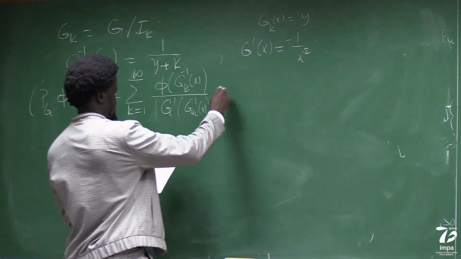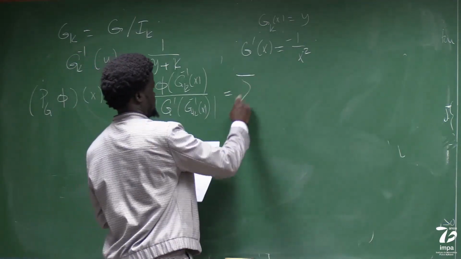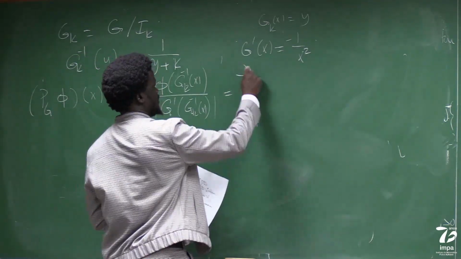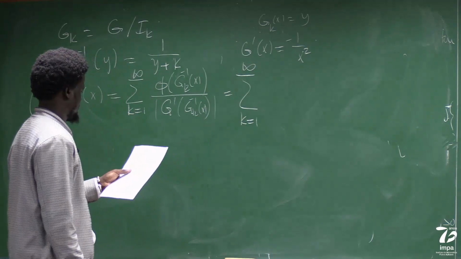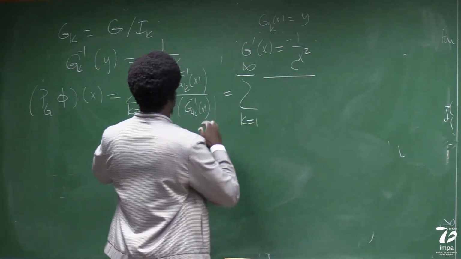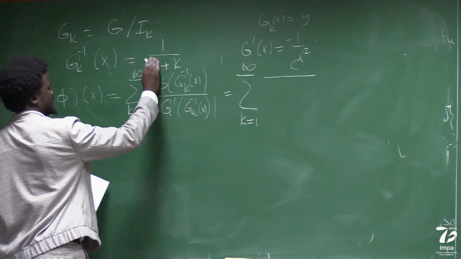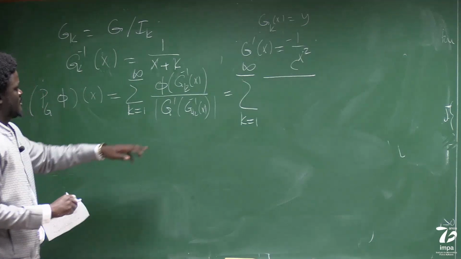So what is this? If you do the calculation, this is what you have. I did it once. You should also do it once. So G minus 1, I don't know why I put y here. Sorry, I'm changing.